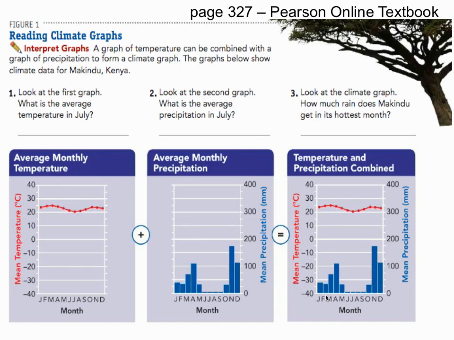And we found out that the hottest month is March. So now as I look, it's beyond and really close. It's about at the 3/4 mark. So if I look at the tick marks over on this axis here, it's really close to around that 70 to 75 mark. So I would probably estimate that it's around 70 millimeters of precipitation for Makindu.